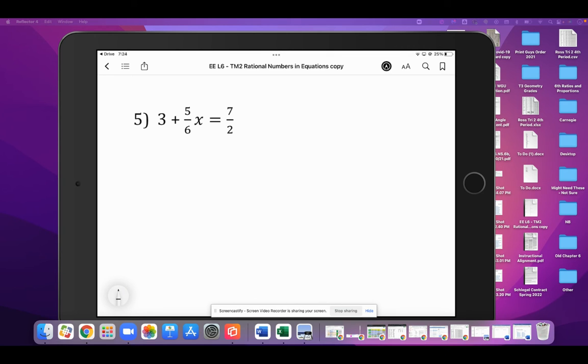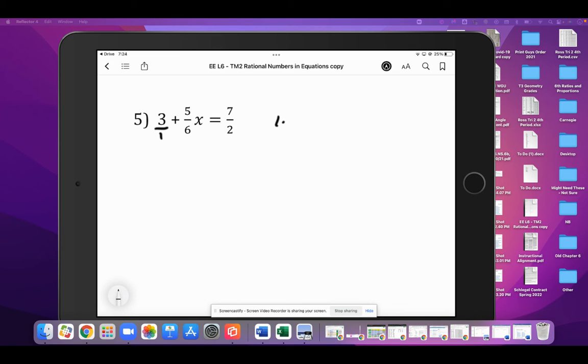So I see 6 and 2 and 1 as denominators here. I need a common denominator that they all go into. And so I see all those numbers go into 6. 6 goes into itself, 2 goes into 6, 1 goes into 6.